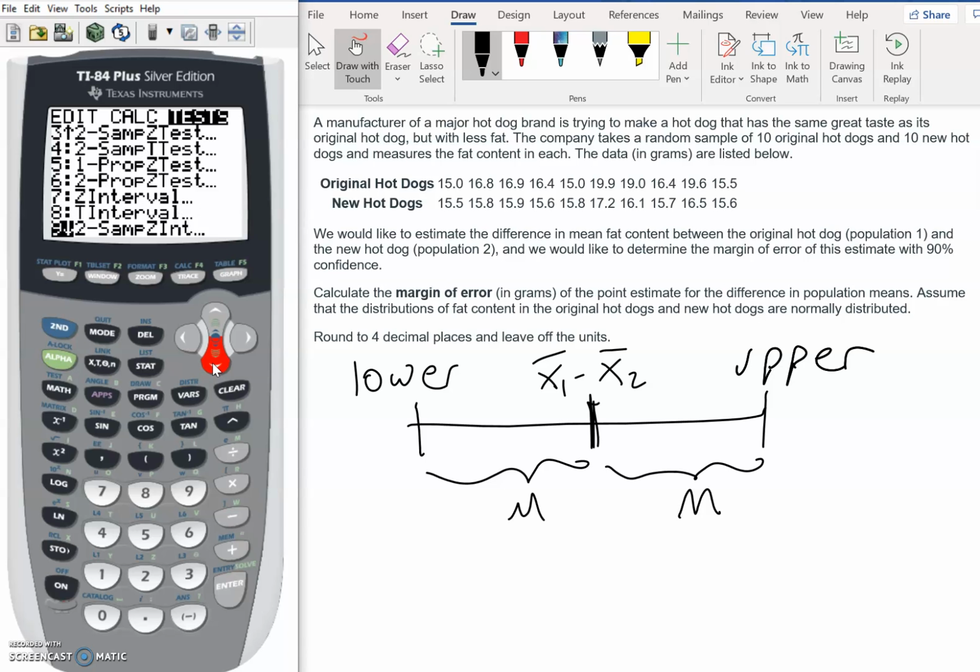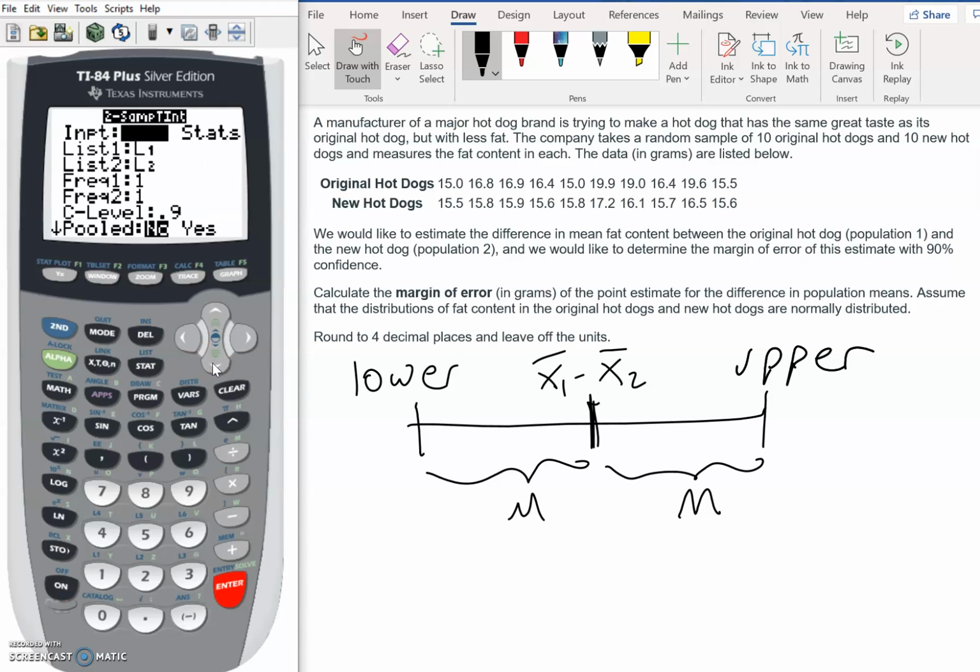We've got two samples, so then we just have to choose between z and t. Listen, most of the time we're going to be using t because we don't realistically have the population standard deviation. If for some reason we have the population standard deviation, then use z. But this is a two sample t interval. We are in data here, so list 1 and list 2 for our two different samples, and then we just want to update our confidence level.